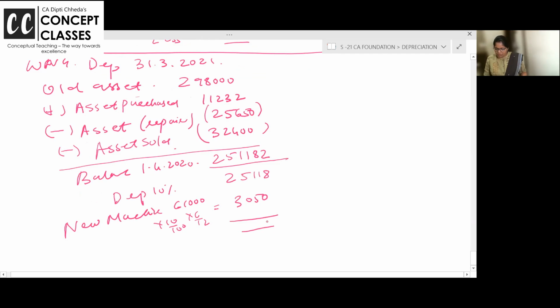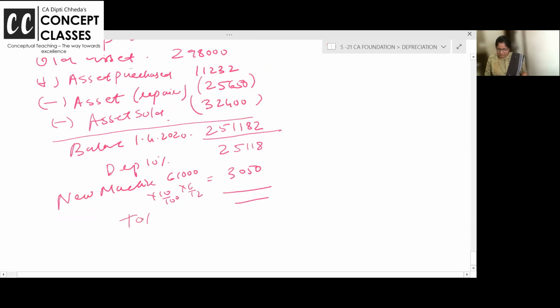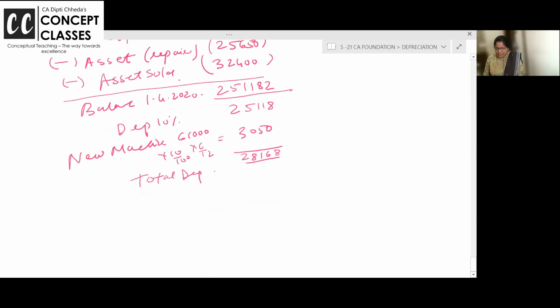So what is the total depreciation? See, it's very crucial to calculate the old assets' depreciation properly. 28,168. Old asset 25,118 and new asset 3,050. So that is 28,168. Finish writing the working note.